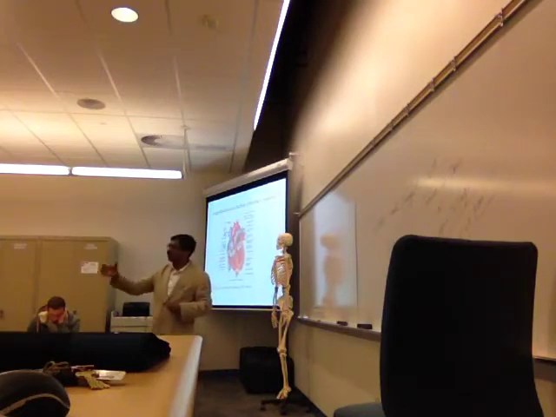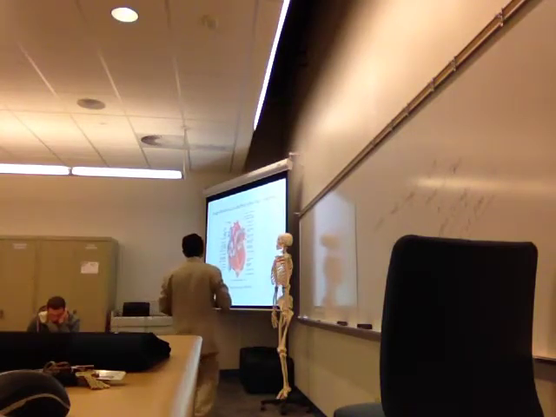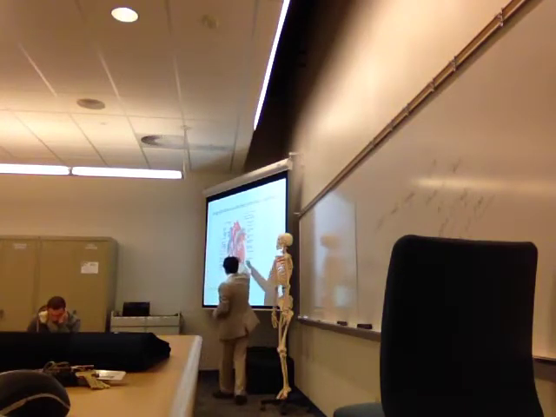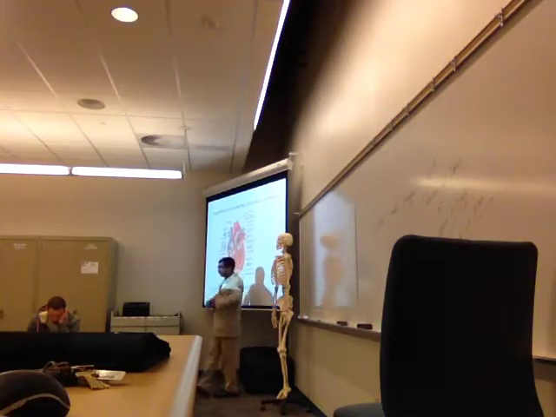And two large veins will bring the blood back into the right atrium. What are those? From the upper part of your body, the superior vena cava will bring the deoxygenated blood to the right atrium, and from the lower part of the body, the inferior vena cava will bring the blood.